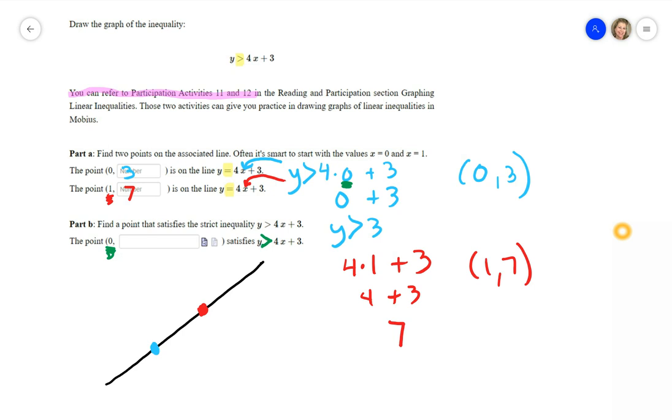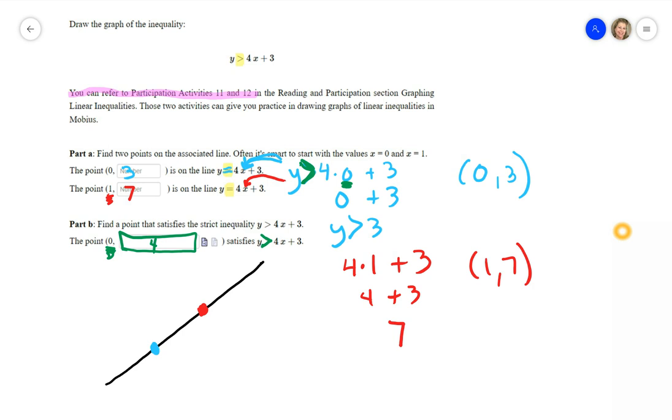So just pick one. There's actually an infinite number of answers that you can put in this box, but I'm just going to go with the next largest number, which is 4. Any number you pick that is greater than 3 will work in there, because you're now satisfying the inequality of greater than, whereas when I was doing it up here in the blue, I was actually working with equal to.